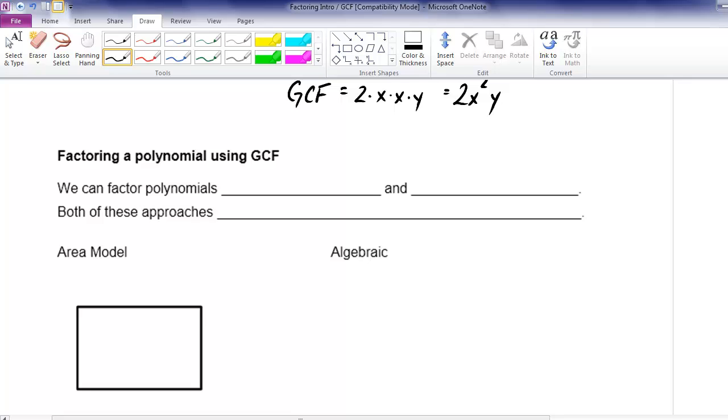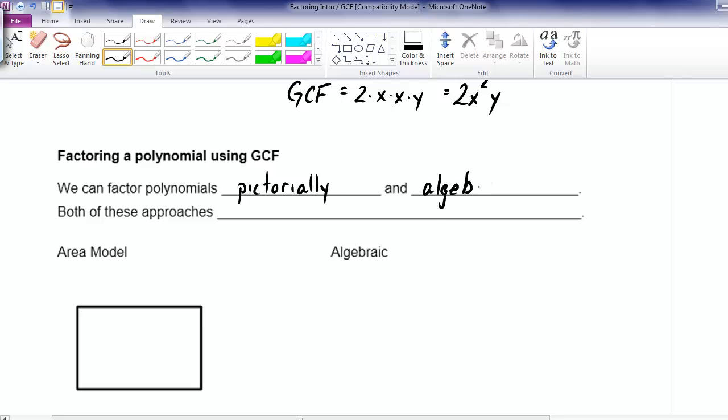Well, this technique of breaking things apart into its smallest possible pieces is going to be our first and most important technique. So we can factor polynomials pictorially and algebraically.